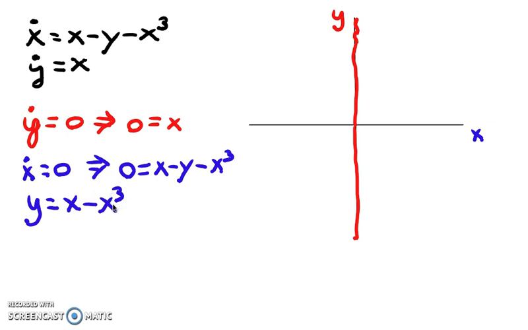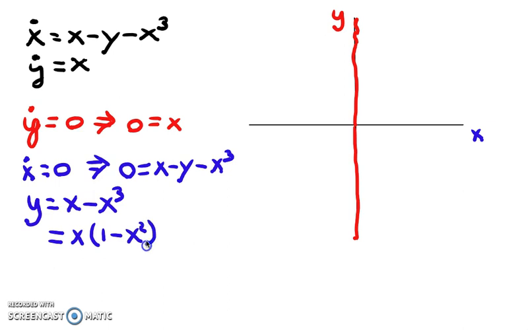Okay, so this will be a cubic function that, when x is very large, this function is very negative. So it's going to have to start up here, go down, up, and down again like this. To graph it, let's note that I can factor the right-hand side to be x times 1 minus x squared.